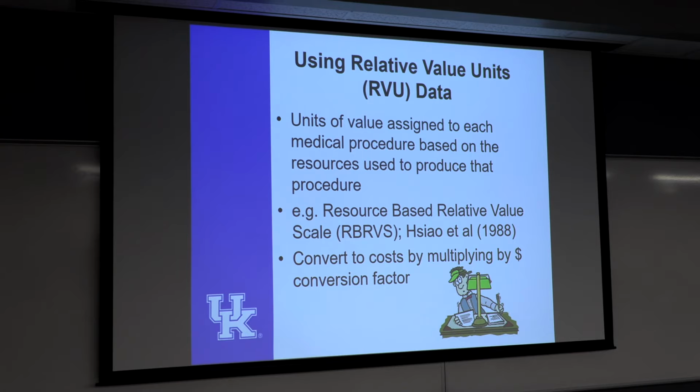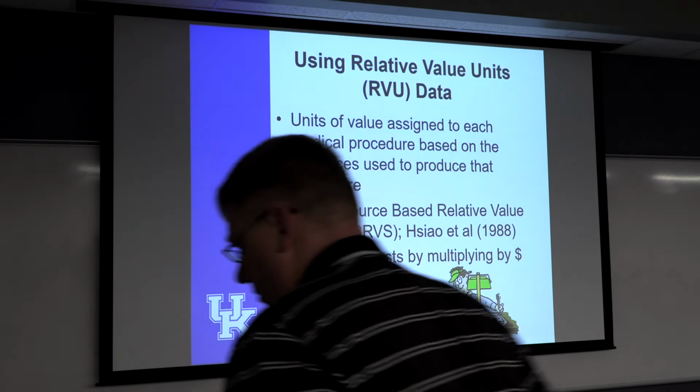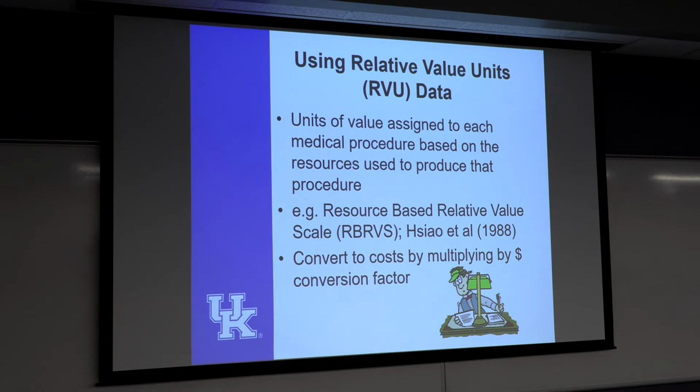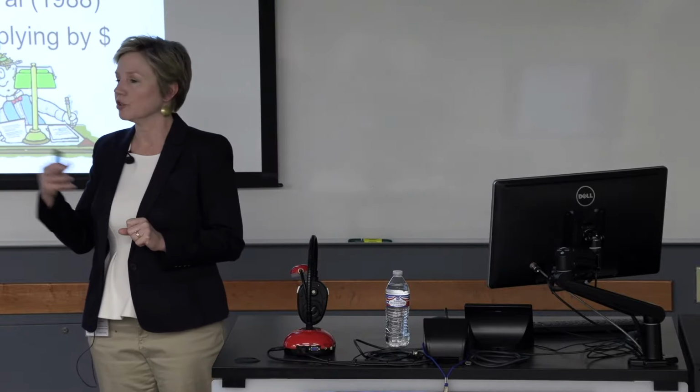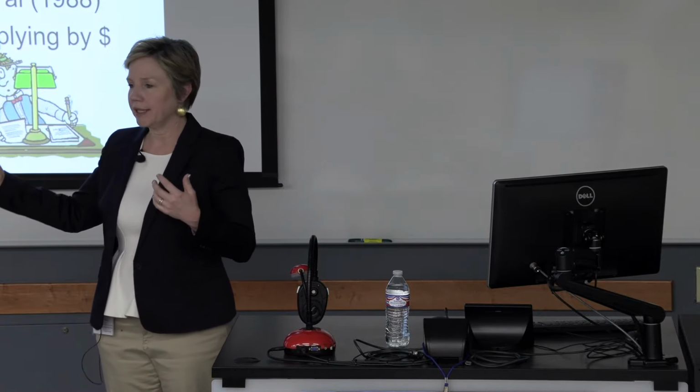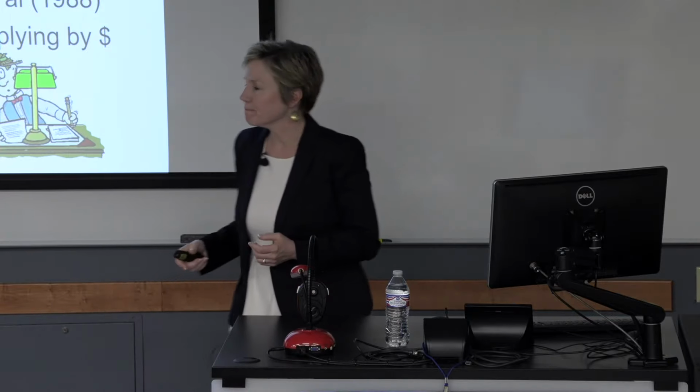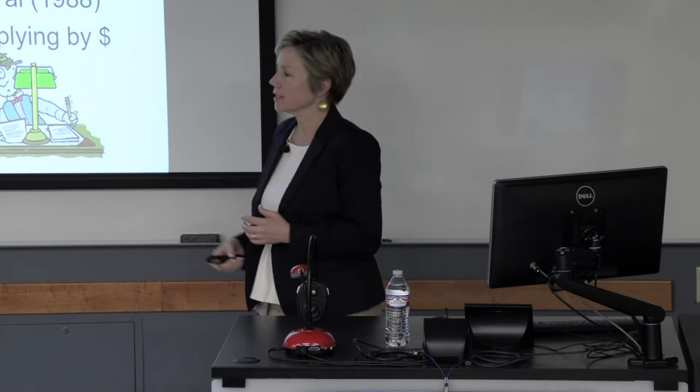Essentially what happened in the 80s, there was a guy at Harvard, William Hsiao, who did this extensive study of everything that goes into producing a particular service, a CPT service, current procedural terminology service, and assigned a relative value unit to that. So an office visit for a new patient might be 0.5 RVUs, an extensive surgery might be 18 RVUs, okay? It's just relatively what it takes.